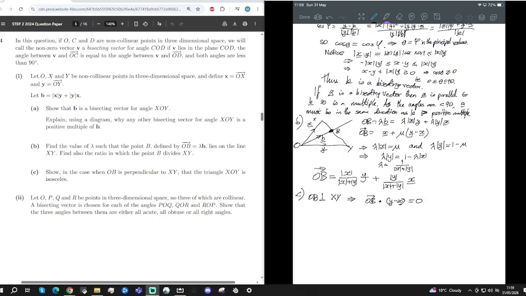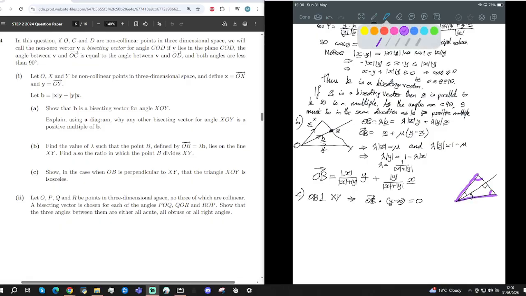Okay, well, first let's consider which part of it is going to be isosceles. So we have that this here is our bisecting vector. Those two angles are the same, so it appears that this angle and this angle will be the two equal angles, i.e. this side and this side are the same.